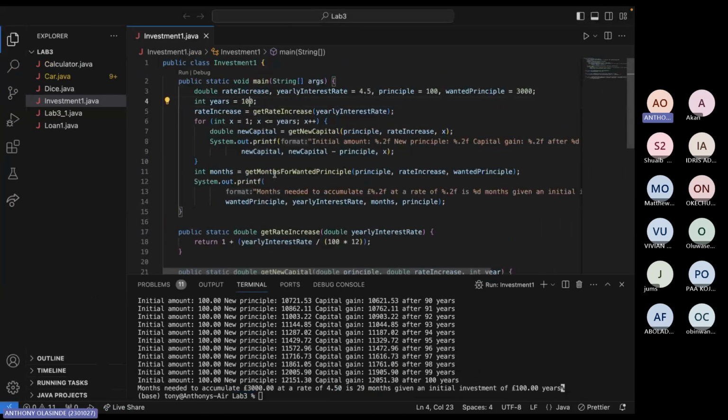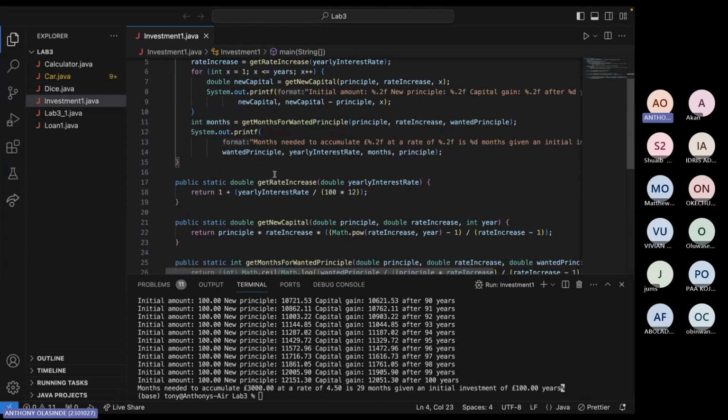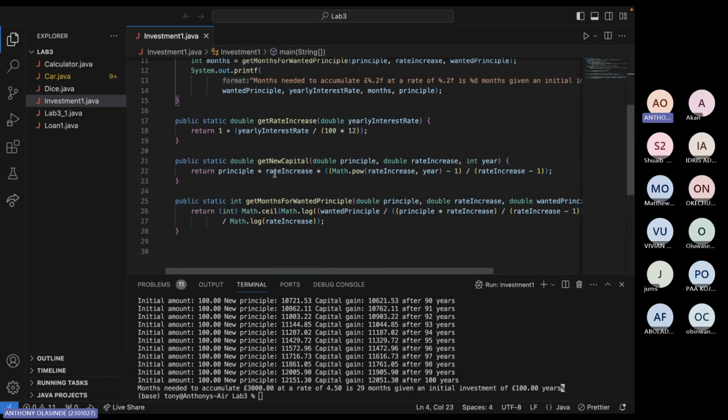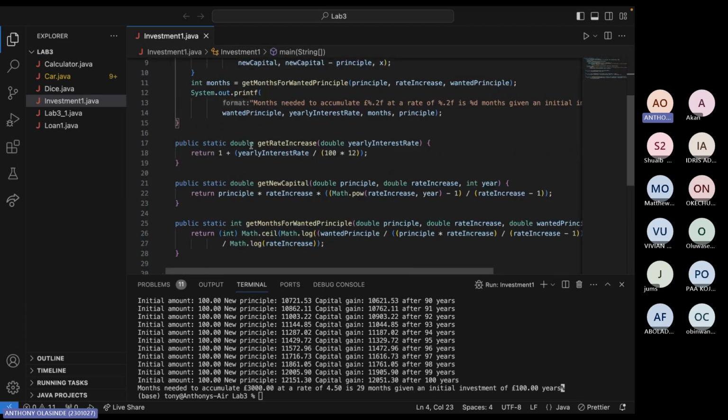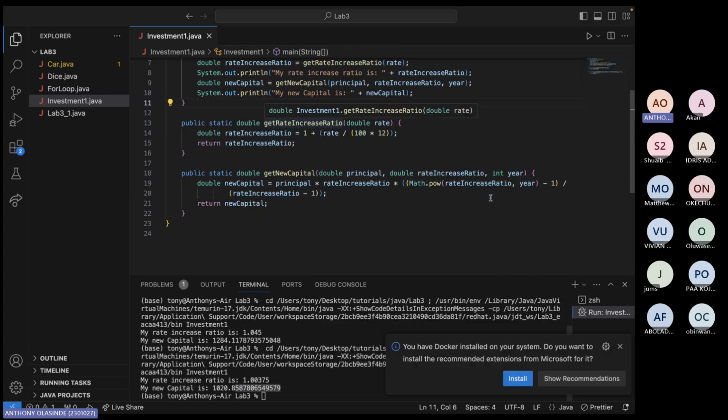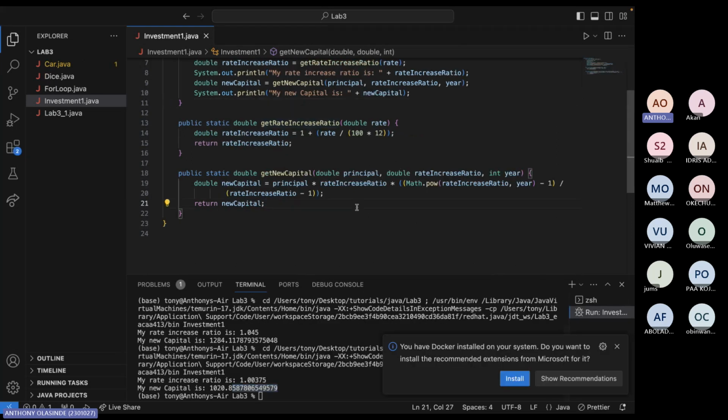You can see when I was looking for something I was trying to get. So your code can get really complicated, and you start looking for stuff. But if everything is where it should be, you know that anytime I need to deal with capital, I don't need to read all these codes. I just need to come to get new capital and see what I was doing inside. That's it. That's the same thing we're doing here.